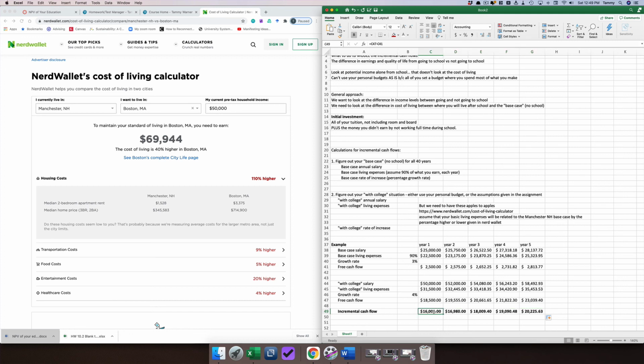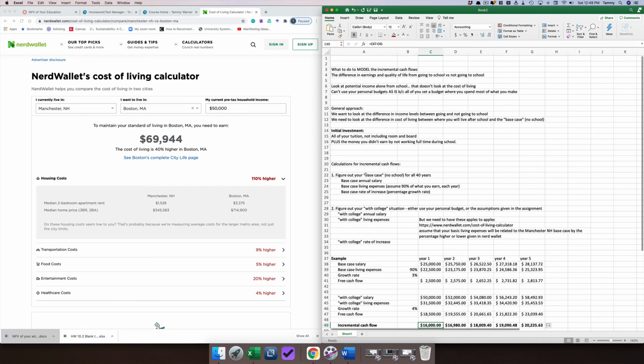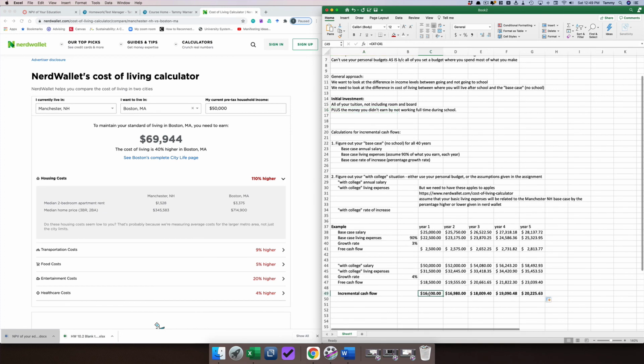Then you can take and do the net present value by looking at your initial investment plus all the money that you didn't earn by not working full time during school, and then you look at the incremental cash flows that you gain, and see what the value is of your education. And I think you will find that it's a very good value.